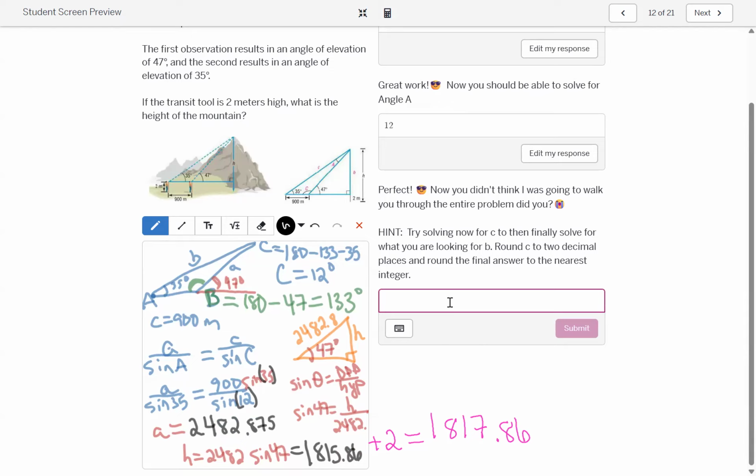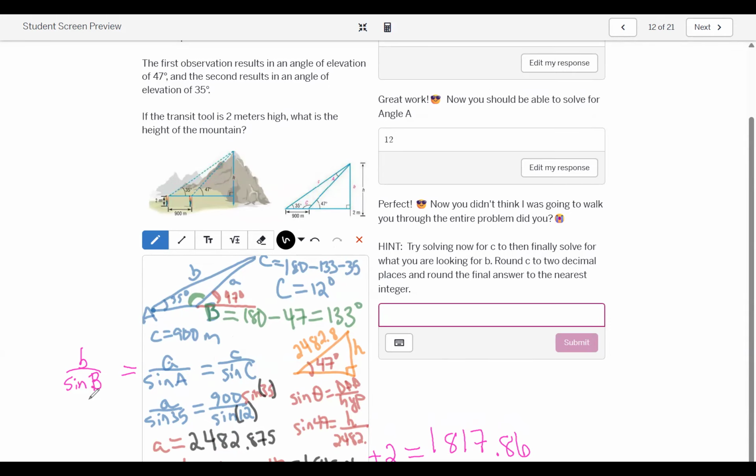I'm going to run the numbers the other way. 900 sine 133 divided by sine 12. So this rounds to 3166.